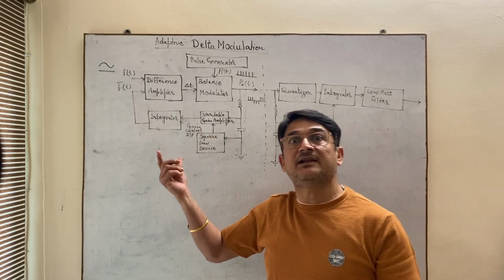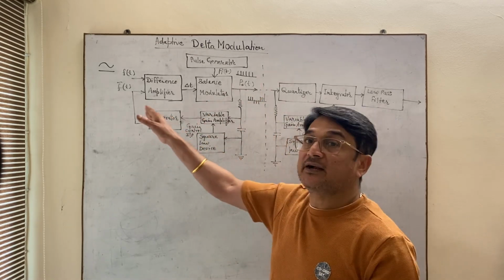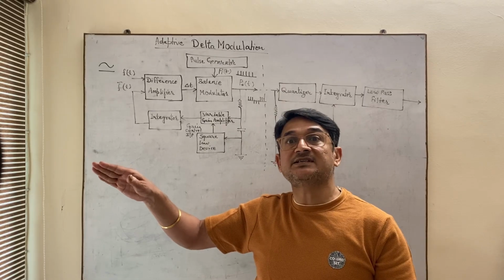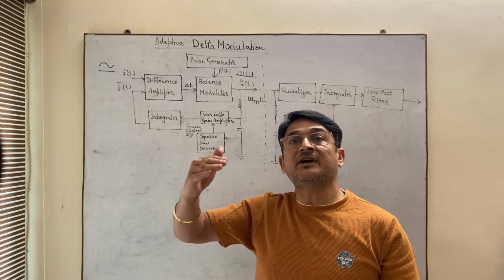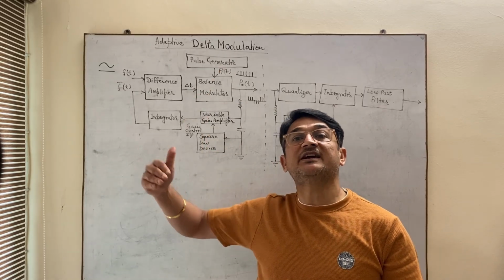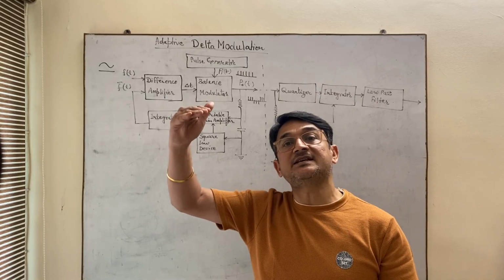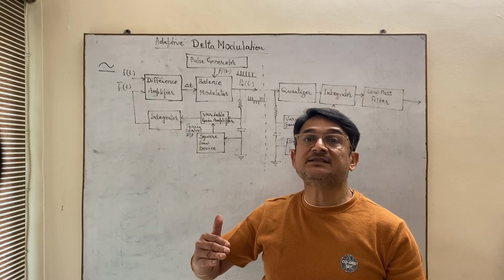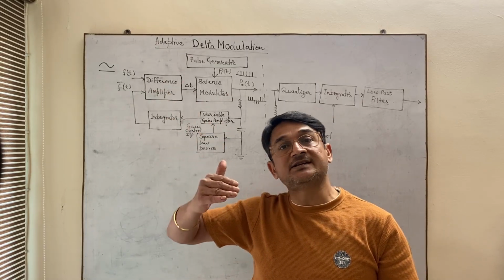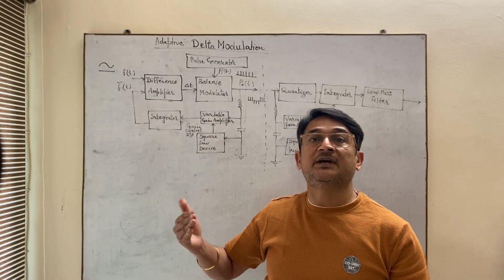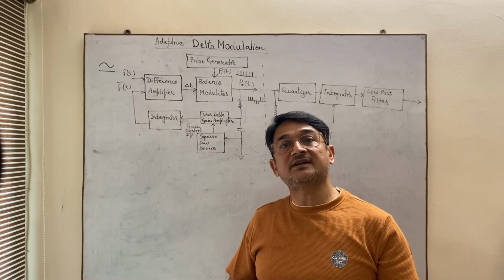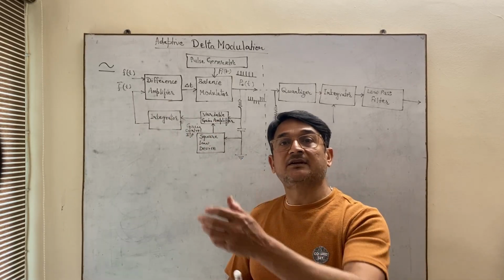So what is basically happening? Here you are getting the positive and negative pulses, but as per the requirement we can increase them. If we increase the pulses, we can increase or decrease the size of the step. If the size of the step is increased, we can follow the signal properly.